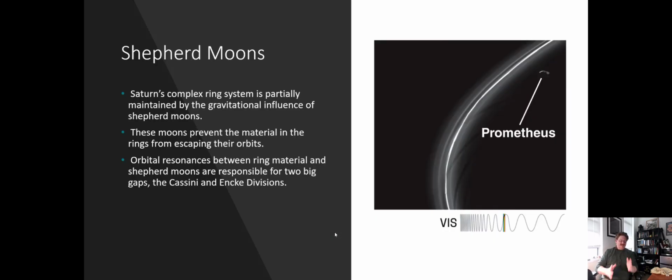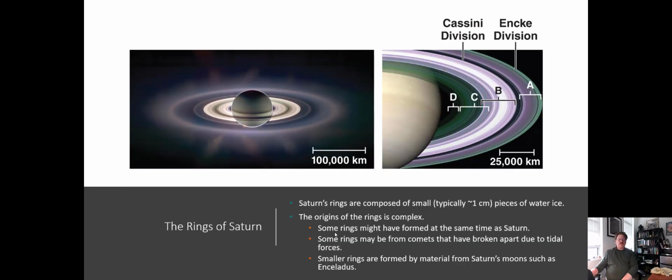Now, the reason why the rings exist as rings and not some kind of diffuse cloud, and one of the reasons why they have lasted so long, is that because Saturn has so many moons, a number of these fall into a category called shepherd moons. I should first start off by saying that the rings, as you can hopefully see here, are not monolithic.